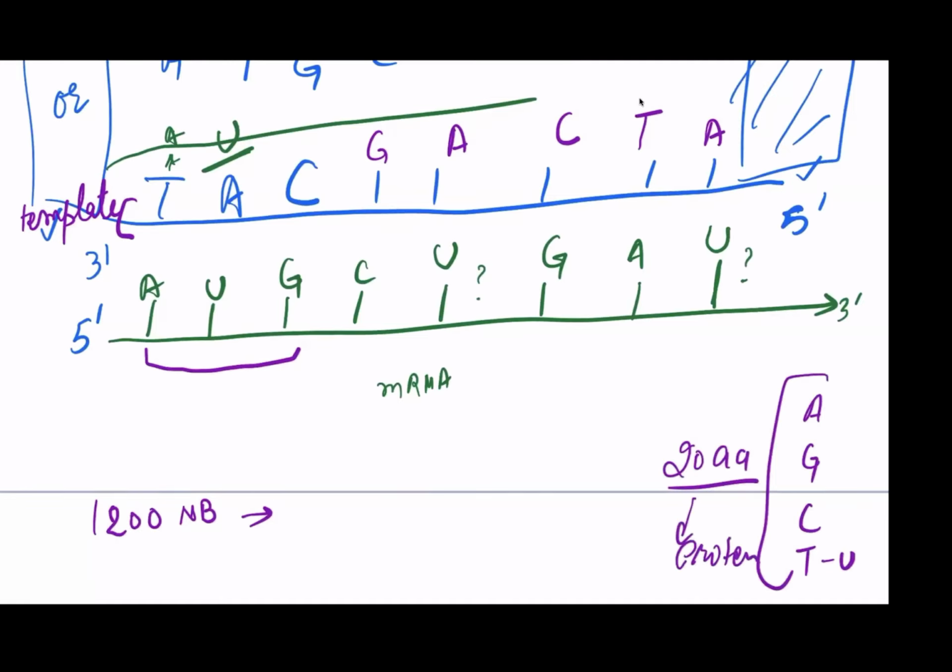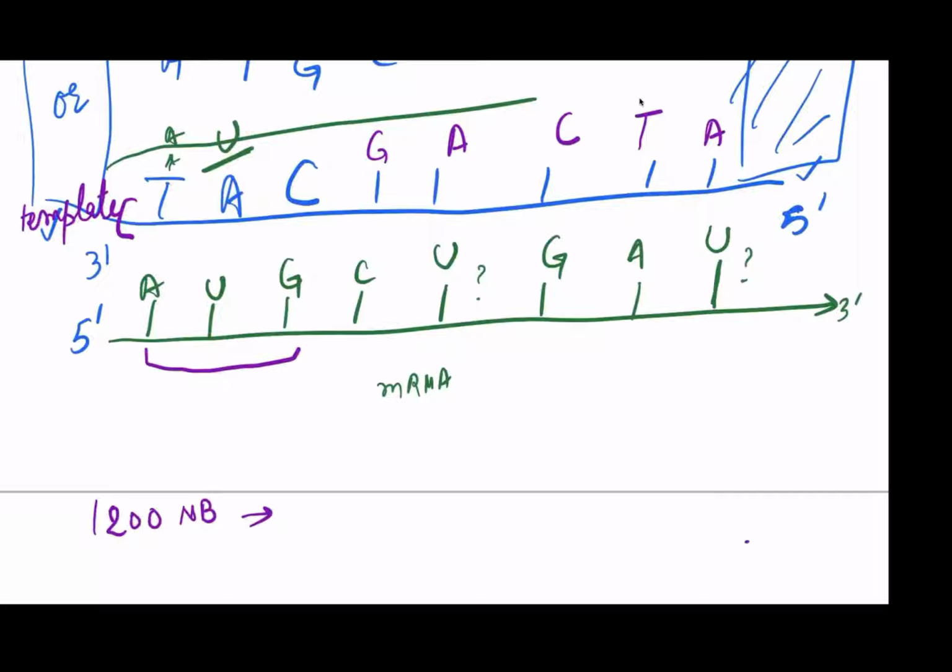So to understand that, what cells do is they keep these nucleotides on mRNA and make a code. This is known as a codon. The combination of 3 letters codes for one single amino acid, which is methionine.